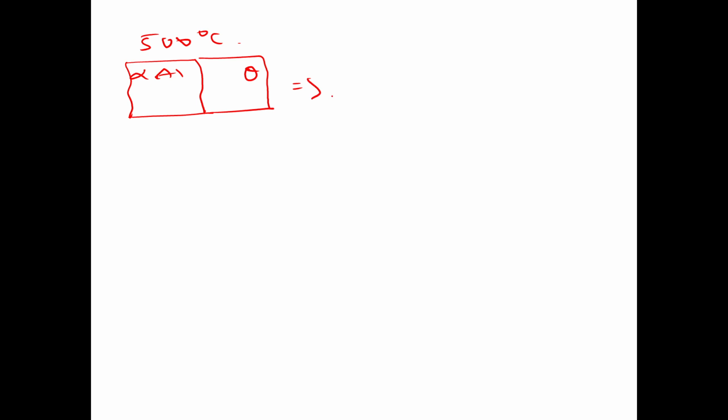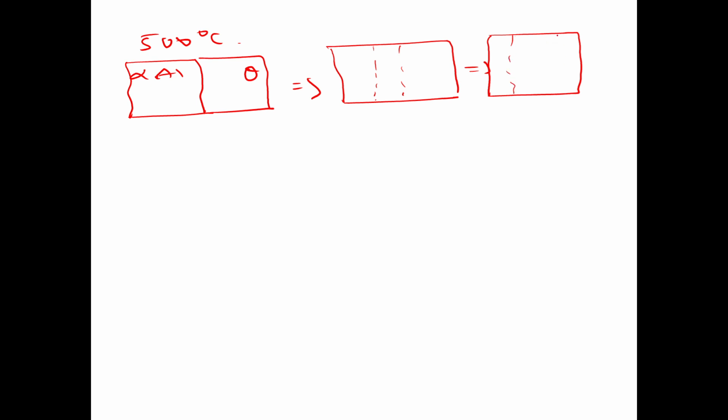For example, if you do it for only 6 hours, this may be the diffusion depth. If you do it for 24 hours or 12 hours, the diffusion depth may be this much.